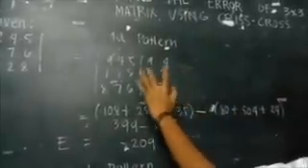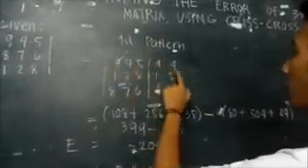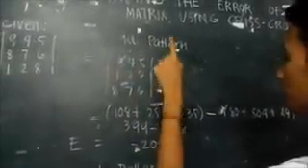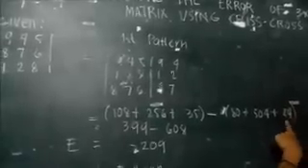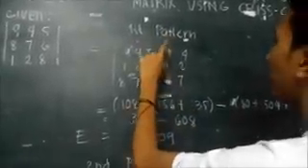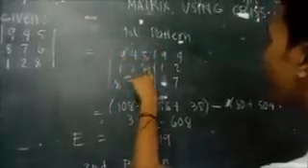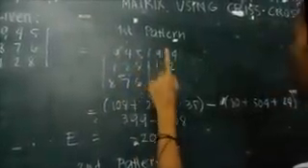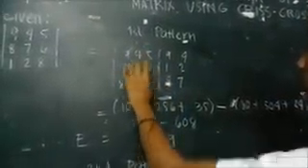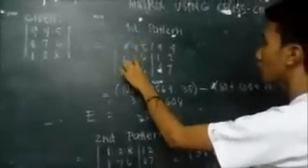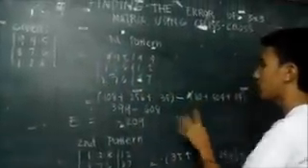So, first, 4 times 1 times 6 is equal to 24. 9 times 8 times 7 is equal to 504. Plus, 5 times 2 times 8 is equal to 80.